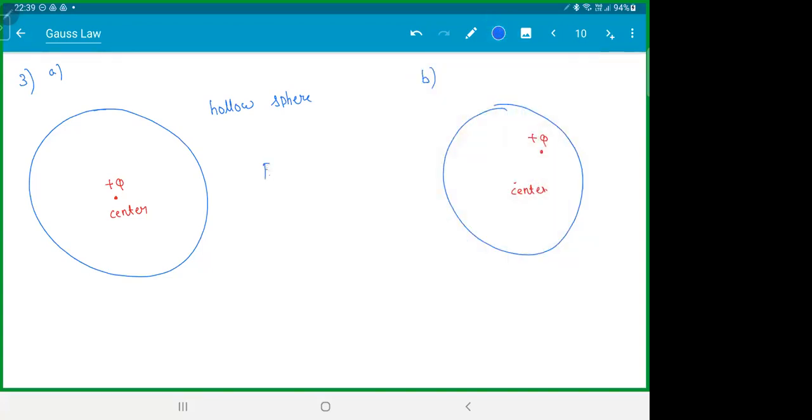Find flux passing through the sphere. Show you. First thing, see now, first one is easy.